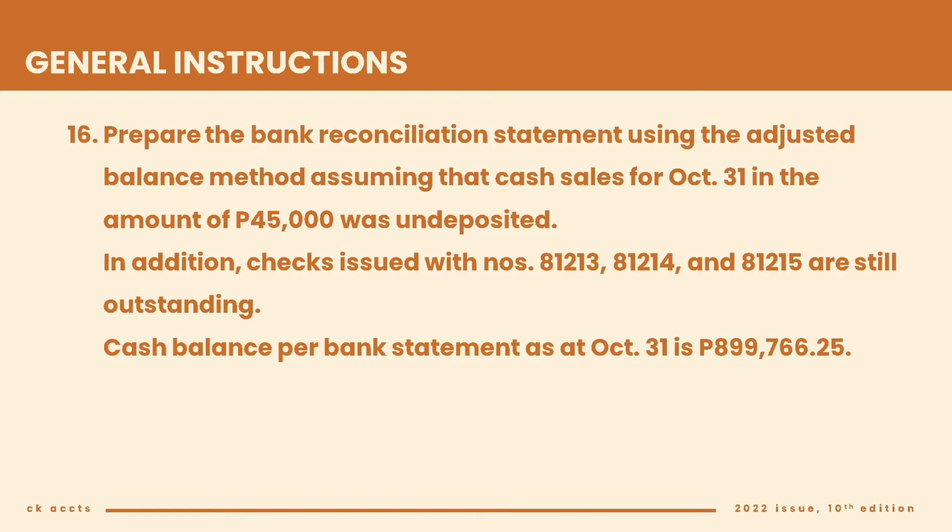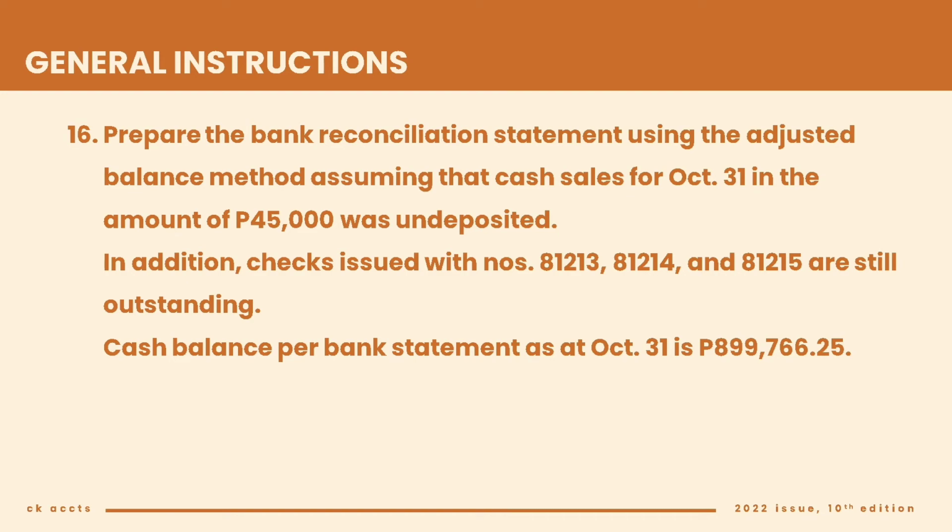Ito yung pinaka-confirmation kung lahat ba ng ginawa mo ay tama. Okay? Kasi kailangan magbangga yung ending cash balance mo sa bank reconciliation at yung ending cash balance na stated dito, which is yung 899,766.25 nga daw, based sa bank statement. Ang ginagawa mo kasi ay bank reconciliation. Okay?